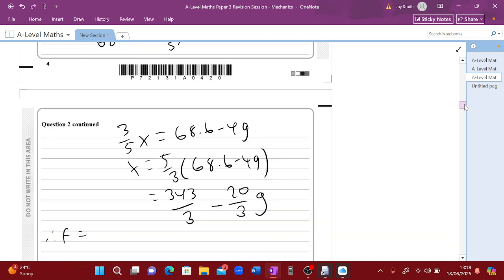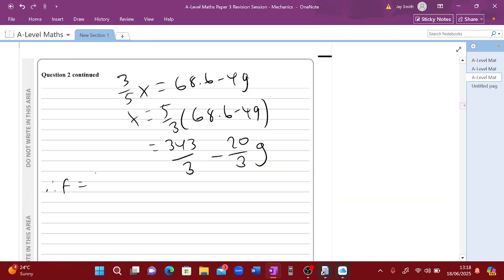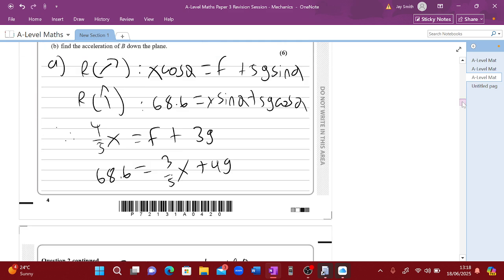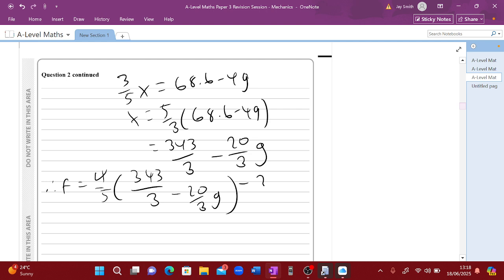4 over 5 of x. So that's going to be 4/5 of 343 over 3 minus 20 over 3g, minus 3g. Okay. And so then if you put that into a calculator, 4 over 5 of 343 over 3 gets us 1372 over 15.